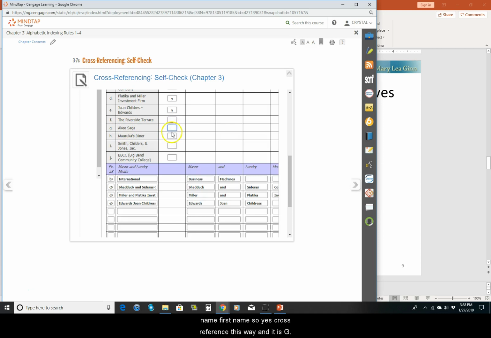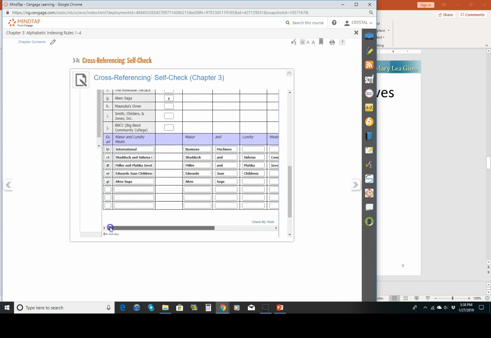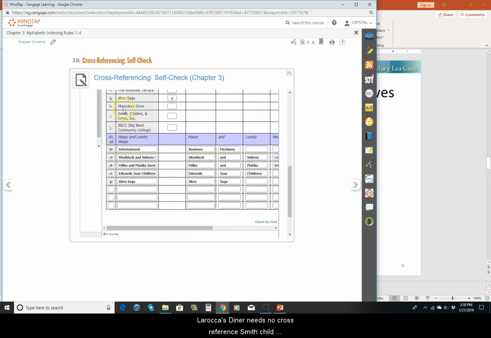So yes, I would cross-reference this one, and it is G. So I would say if you're looking for Akigo Saga, you will see it by last name first, Saga Akigo. Okay, Maruka's Diner needs no cross-reference.